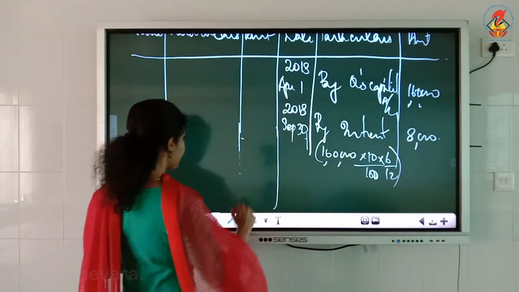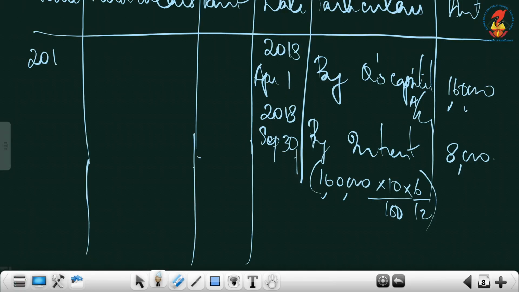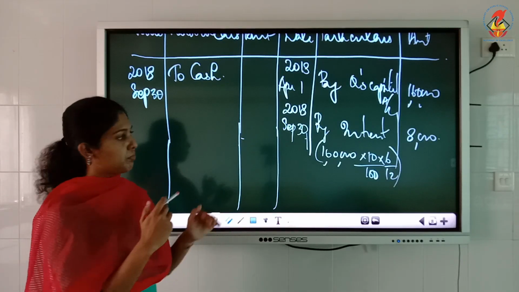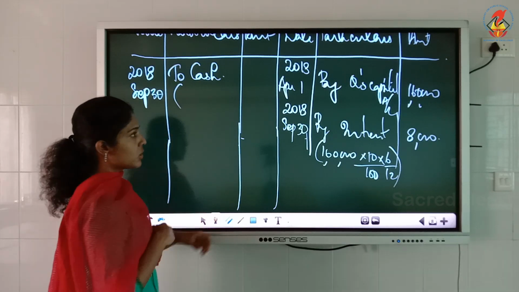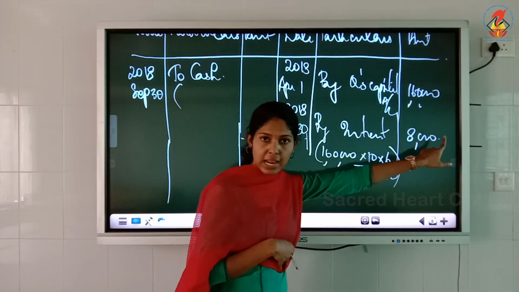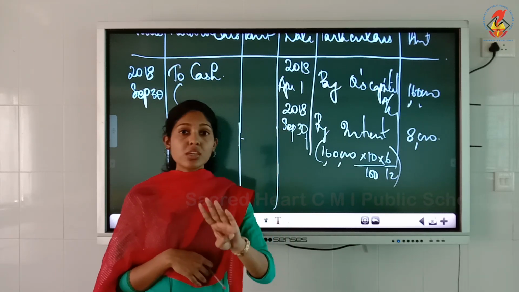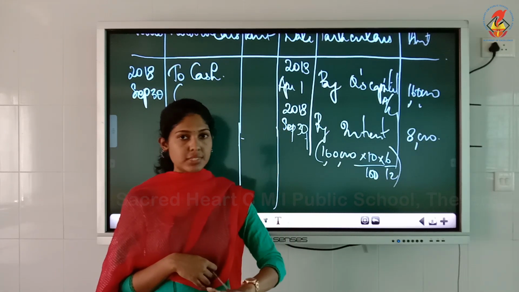Now immediately after that, what should we do? On that date you should make the payment also. When you provide the interest, that date you should make the payment also. So here payment also will be made 2 times in a year. And how much will you pay? You are going to pay this 1,60,000 in how many installments? In 4 equal semi-annual installments.